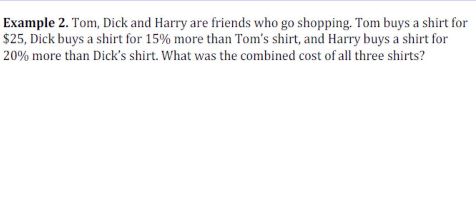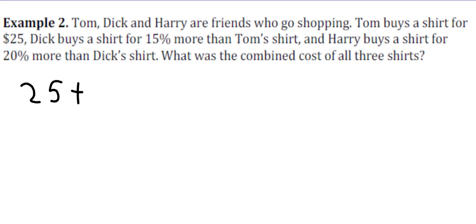All right, so I don't know in the real world if you'd ever have to figure out how much Tom, Dick, and Harry spent on their shirts, but let's figure this out. So we know Tom's shirt was $25. Oops, pen's not working again. So we got $25. That's Tom. Now we need to figure out how much Dick bought the shirt for.